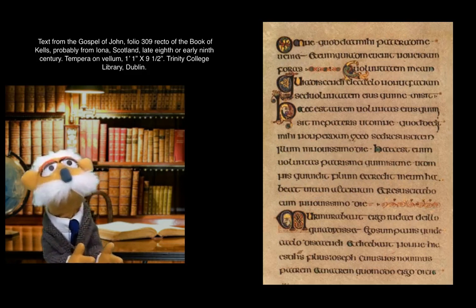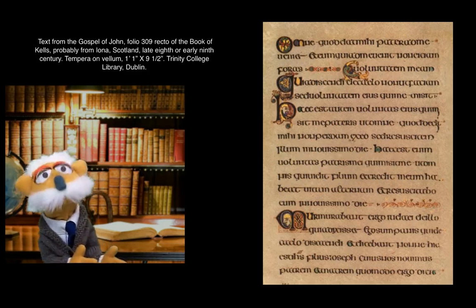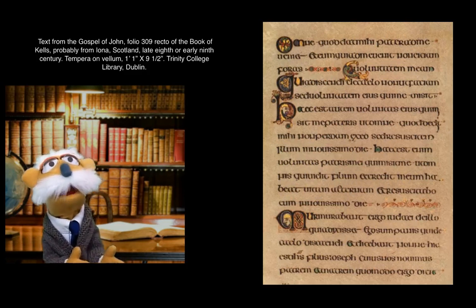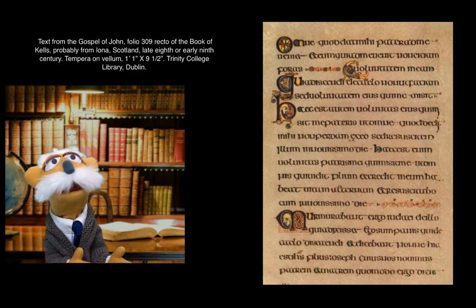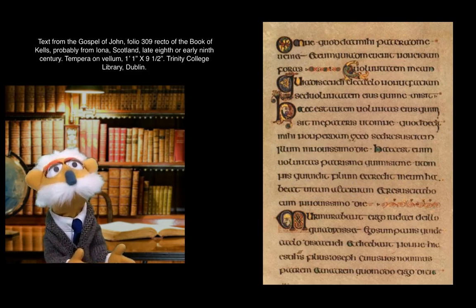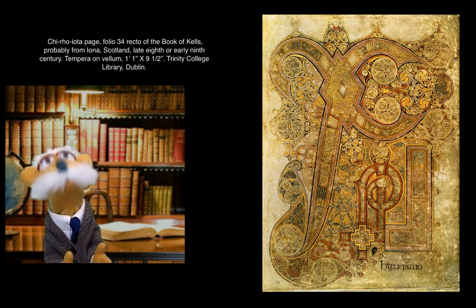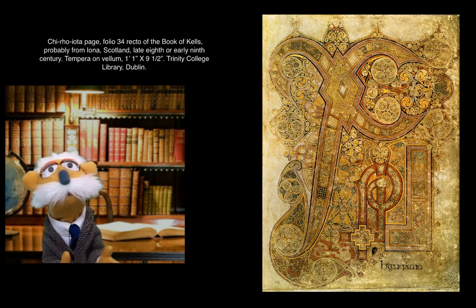So imagine reading this text and then turning the page to come to the next portion of the Gospel, and it erupts in both religious meaning, the birth of Christ, as well as visual. It would be a wonderful, glorious image that shows the birth of Christ.